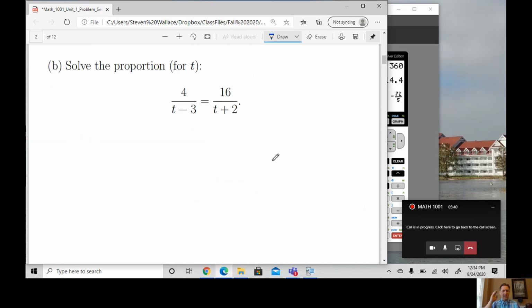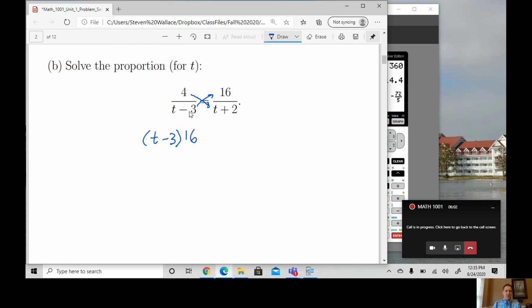So this one's a little more complicated. Okay, now it has expressions and the unknown number is t, but the way we do it is the same. So we're still going to cross multiply, but note that we don't want to have order of operations mistakes.